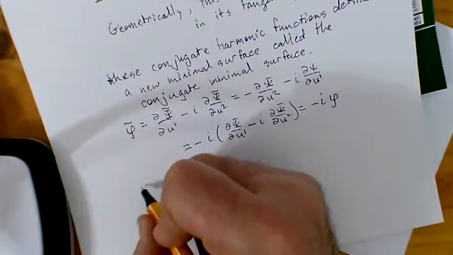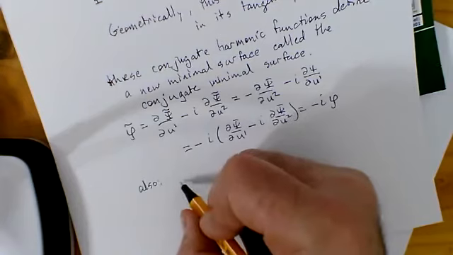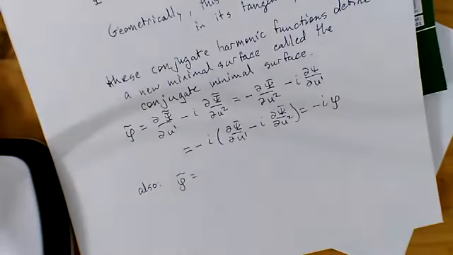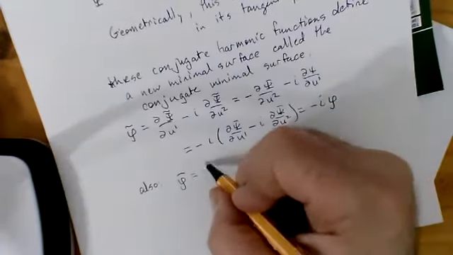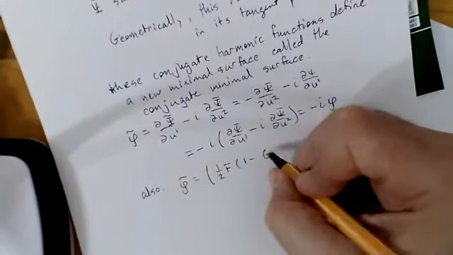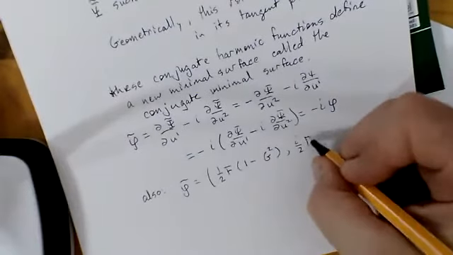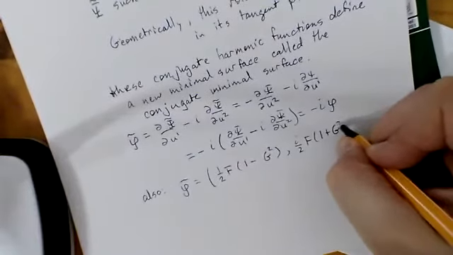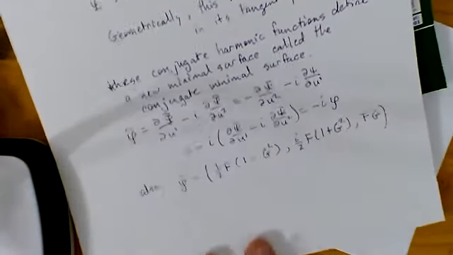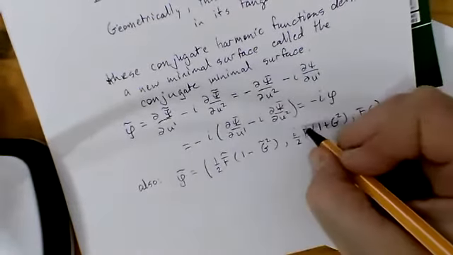So I have the phi's in terms of the Weierstrass representation given by a half f(1 minus g squared), i over 2 f(1 plus g squared), fg. And remember, there should be tildes here everywhere.